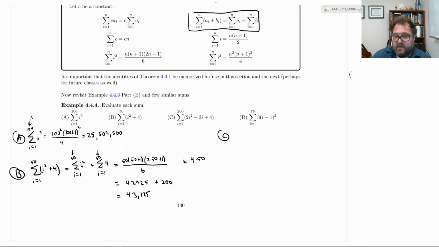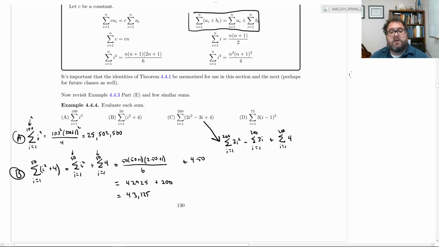Okay, so let's look at what the identities can do for us. We can write these individually as the sum from i equals 1 to 200 of 2i squared, minus the sum from i equals 1 to 200 of 3i, plus the sum from i equals 1 to 200 of 4.